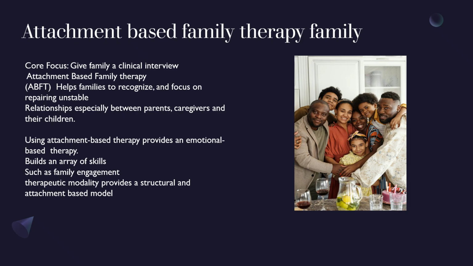A key goal is to help Isaiah view his parents as supportive figures he can rely on. In family therapy, it is also important to help caregivers understand that the process is not about assigning blame. Instead, ABFT emphasizes strengthening relational bonds and fostering emotional connection within the family system.